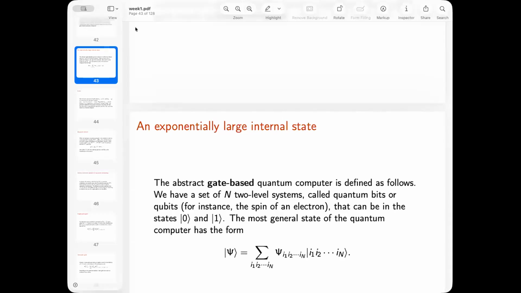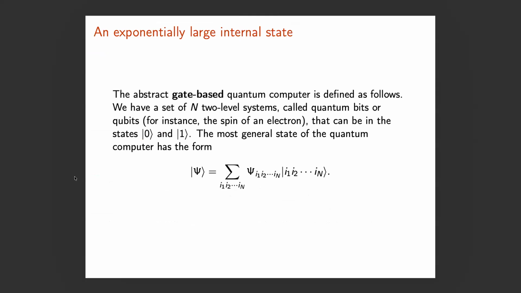So let's switch back to the slides. I'm going to use the slides a little bit throughout this lecture. What I wrote on the whiteboard is that we are going to have some kind of abstract quantum system.